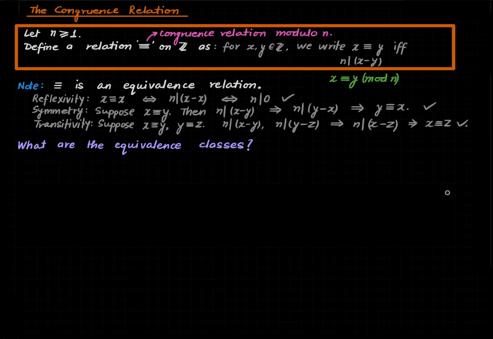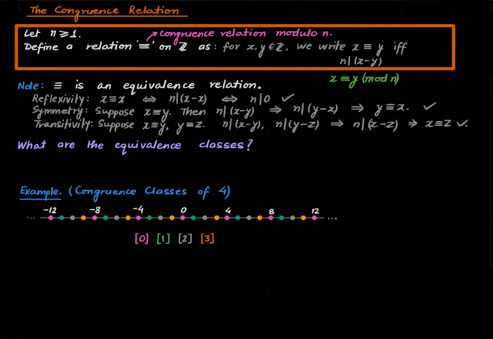And let me first illustrate that via an example. Rather than giving the description for an arbitrary general n, which we will do, first look at the congruence relation modulo 4. So just a simple, concrete, small, friendly number. What is the equivalence class of 0? All the things which are related to 0.